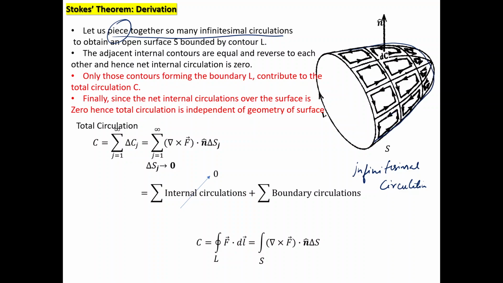Like this is a very small circulation, and then here is another circulation, and so here, and likewise so many points. There are an infinite number of points that make up a bigger surface.